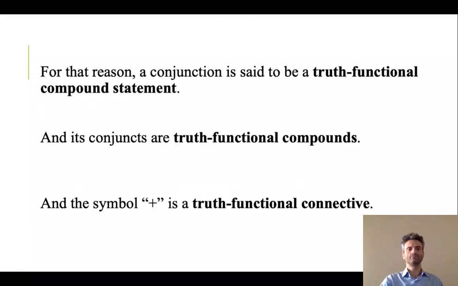Let me explain what I mean. Now, first of all, let me say this. A conjunction is said to be a truth functional compound statement. And its conjuncts are truth functional compounds. But labels and names and terminology are not so important at this point, at least not this one. Okay? And the symbol itself, the plus sign that we call conjunction, and we read "and," is a truth functional connective.